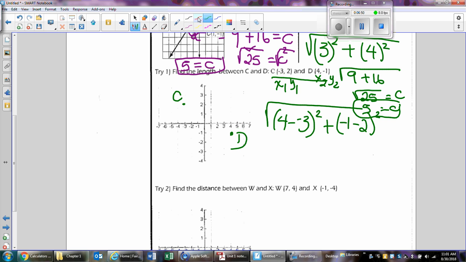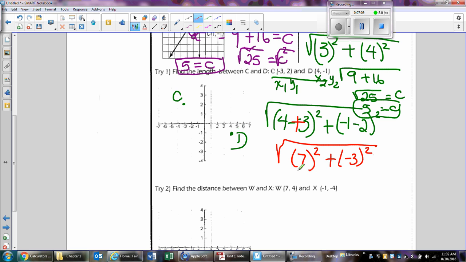And again, when you see two negatives together side by side, that is plus. 4 plus 3 is 7, right? Keep it in parentheses, 7 squared, plus -1 minus 2 is -3 squared.